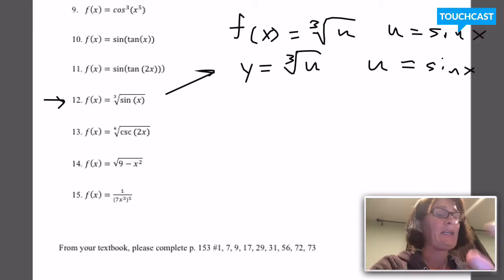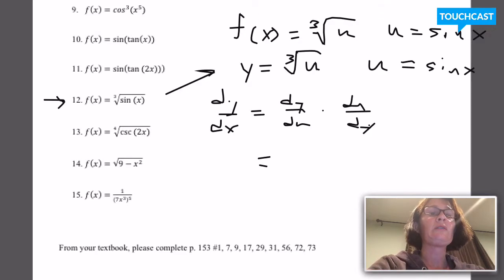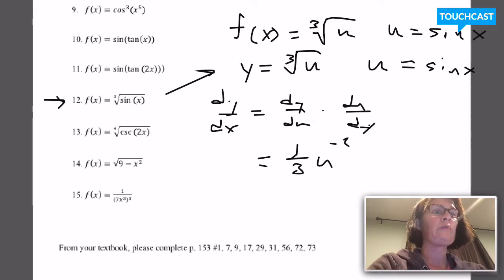Can I find dy/dx? dy/dx is going to equal dy/du times du/dx, which is the derivative with respect to u of the cube root of u, 1/3 u to the 1/3 take away 1, negative 2/3, times du/dx.